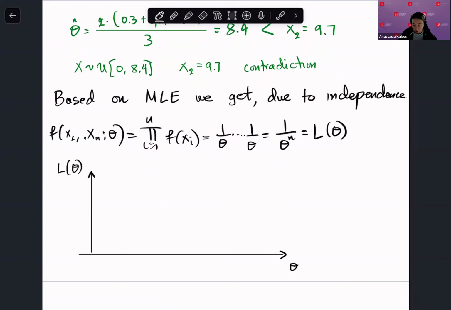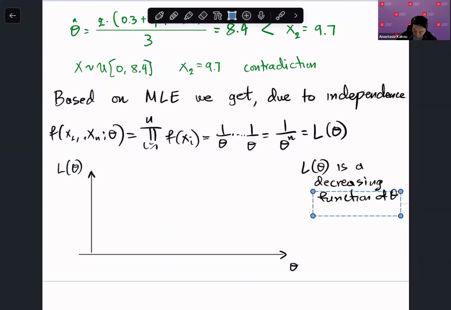Since theta is in the denominator, this is a decreasing function of theta. Why is that? Because theta is in the denominator, so the bigger the denominator, the smaller the fraction.